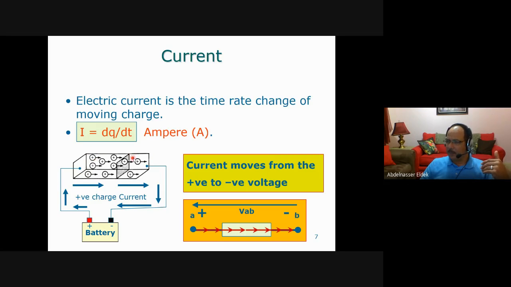Then the positive charges move like this, return, go through the battery, and continue like this, and this is what creates the current. The current is moving from where to where? From the high voltage, which is the positive, to the low voltage, as I explained before.